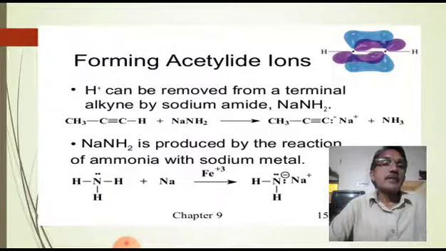NaNH2 is produced by the reaction of ammonia with sodium metal. When ammonia reacts with sodium metal in the presence of ferric ion, it gives sodium amide, NaNH2, which contains Na+ and NH2-.